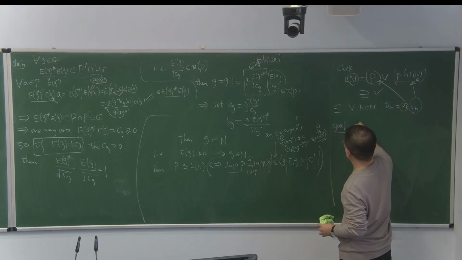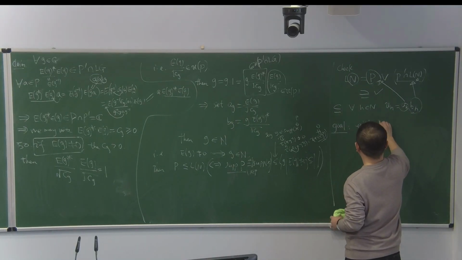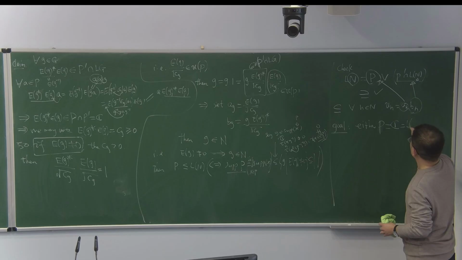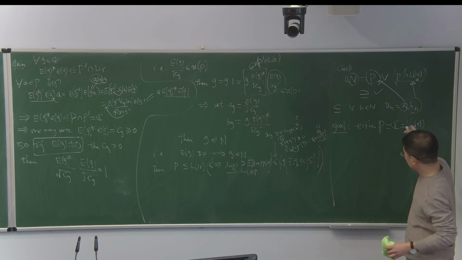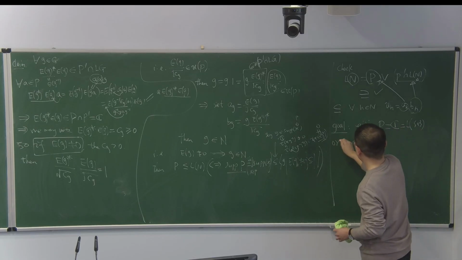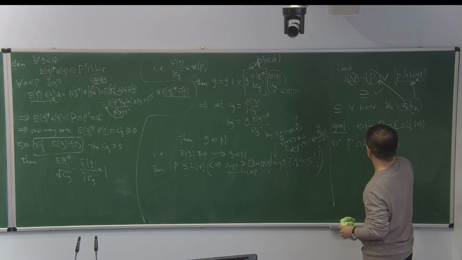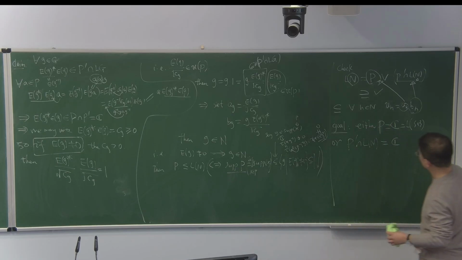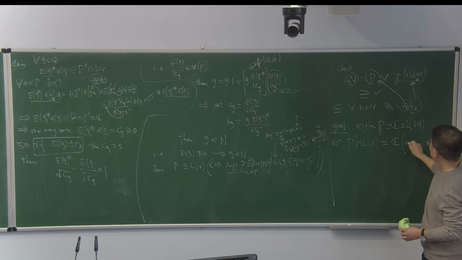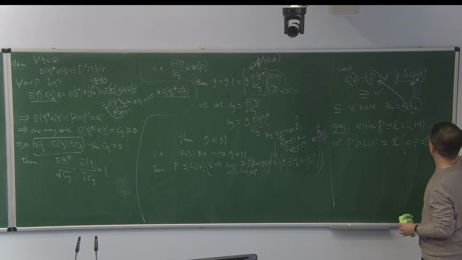The goal is to show either P is trivial, that is, the von Neumann algebra generated by the trivial subgroup, or you want to claim the relative commutant is C. Once this is C, then P equals L N. And we are done.